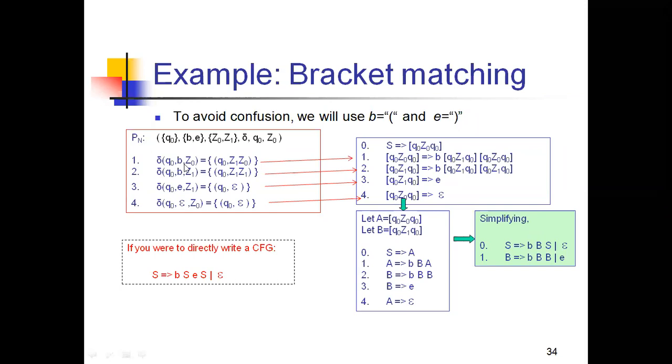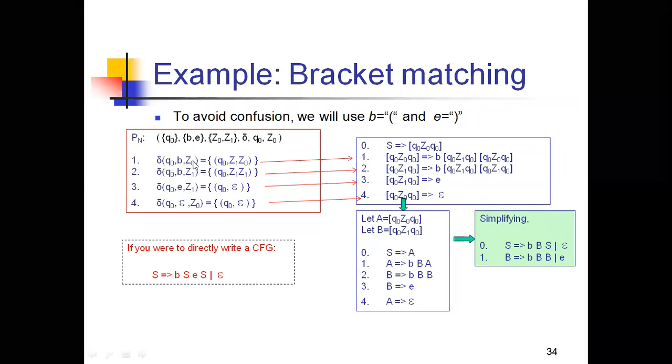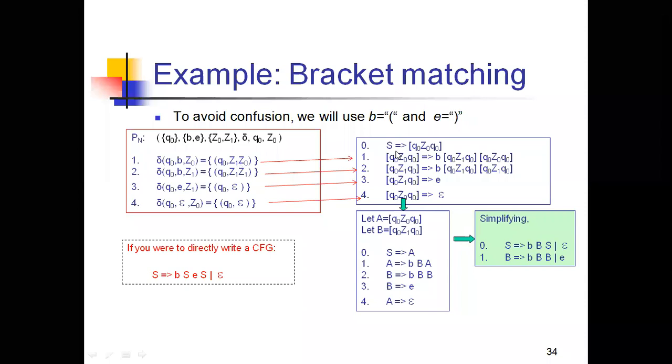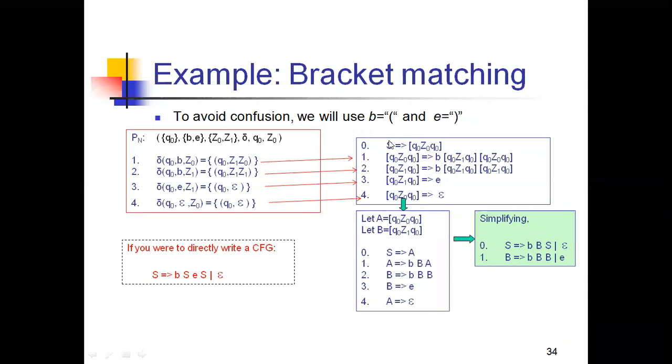Let's see. I am taking rule number one. Rule number one is delta of Q naught, B, Z naught. What output was it giving? Q naught, Z1, Z naught. Actually, my context free grammar should start with a starting symbol S. So what I am doing here is initially assigning Q naught Z naught Q naught to S. So I am assigning S to Q naught Z naught Q naught, that means S tends to Q naught Z naught Q naught.